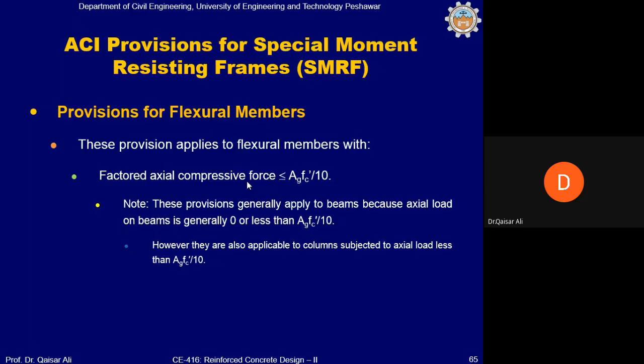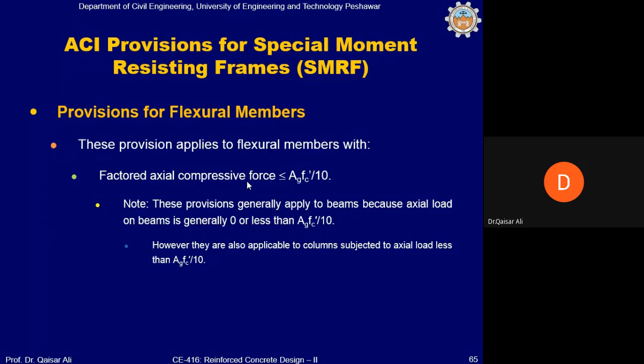Why has this criterion been established by the ACI code? Because beams primarily do not take any axial load in the frame structure. So the axial load on the beams is generally less than 10% of the axial load capacity of the column, and that will be treated as a flexural member.